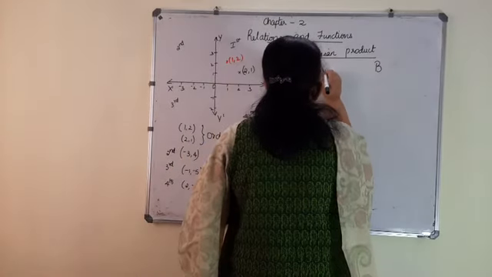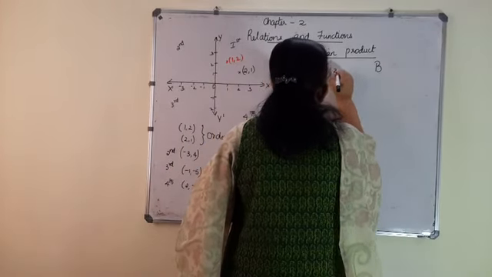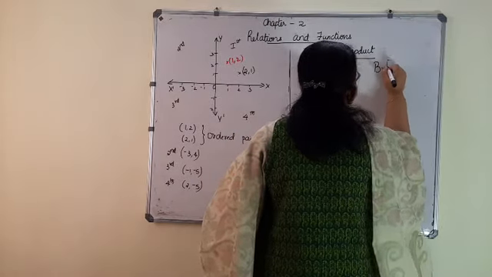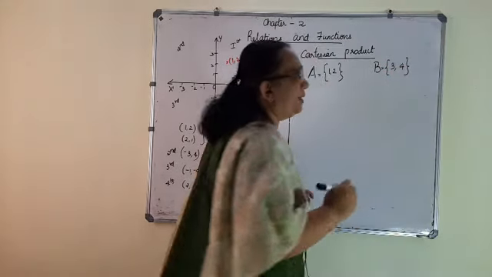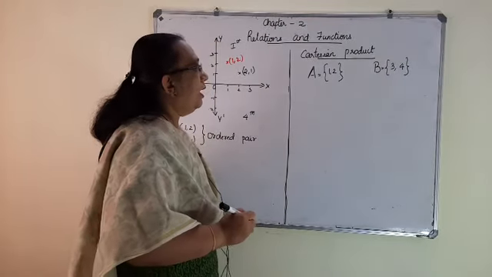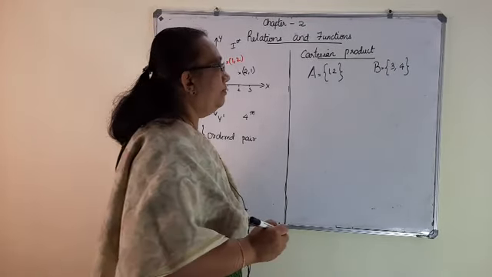Now, let A be the set {1, 2} and B be the set {3, 4}, just taking a simple example. What is the Cartesian product of A and B?